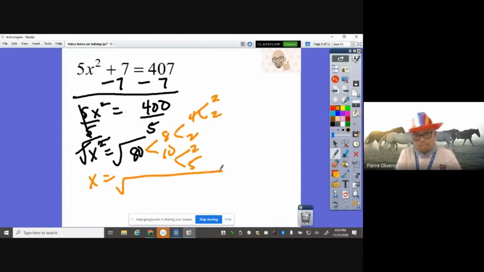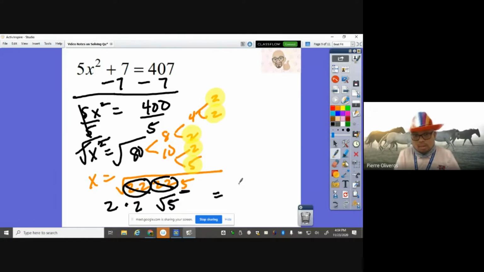So the prime numbers that we have here are 2, 2, 2, 2, and 5. Now we look for a pair. There's a pair of 2, cross out, that goes outside. There's another pair, cross out, times 2. And 5 has no partner, so it remains inside. So the correct answer here is 2 times 2, which is 4, square root of 5, with a plus or minus there.